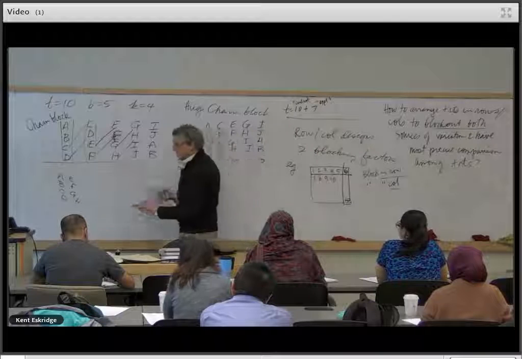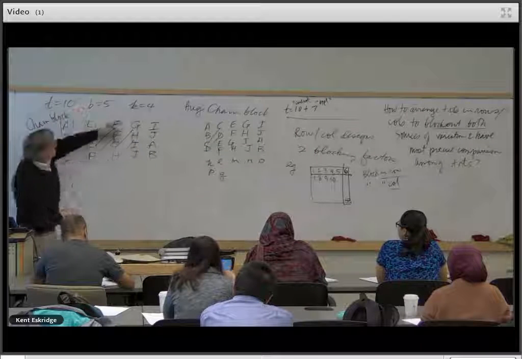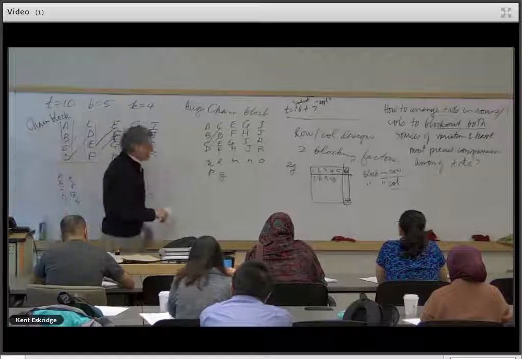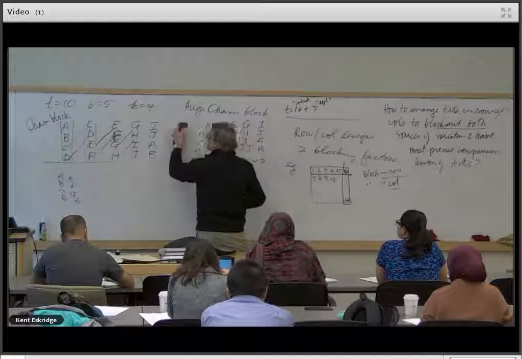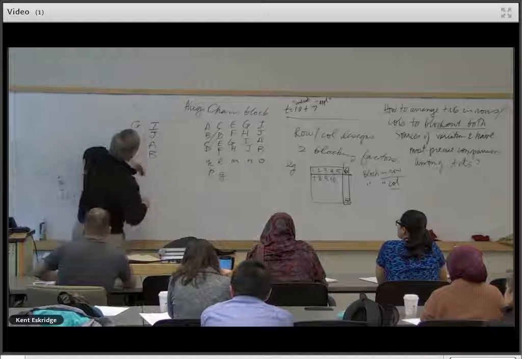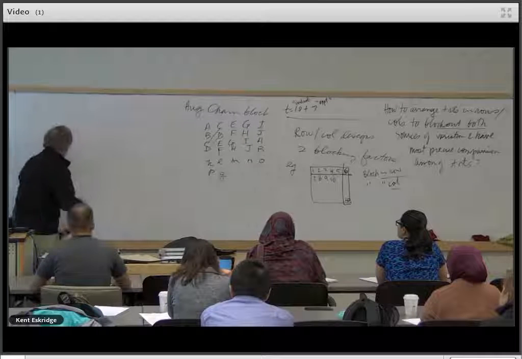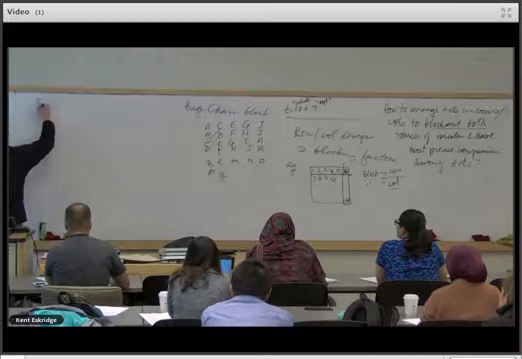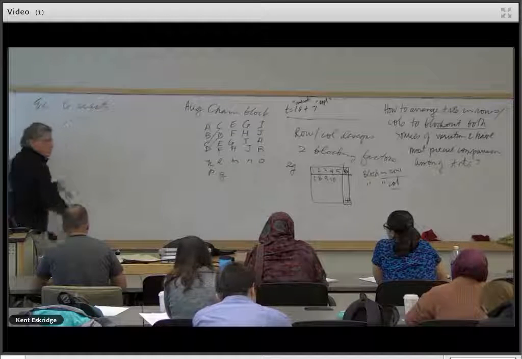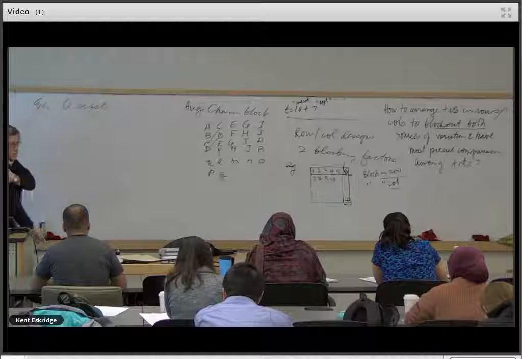Let me give you an example. This is a real simple example, but it's not a Latin square. Let's assume that I have 6 roasts. A roast is a shoulder from a beef animal, okay?